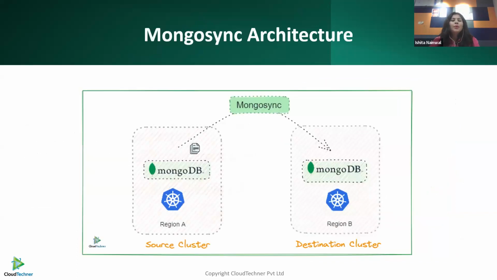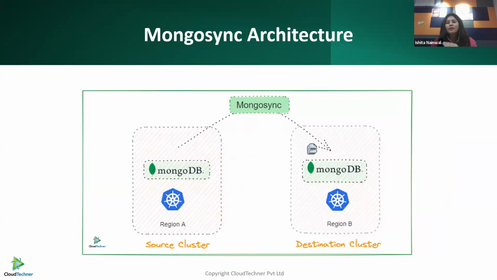Moving ahead, we have the architecture of this tool. Now over our screens, we can see two clusters. One is our source cluster and the other one is our destination cluster. The source cluster lies in region A and the destination cluster lies in region B. We can see MongoDB in both of these clusters. Now what is happening?